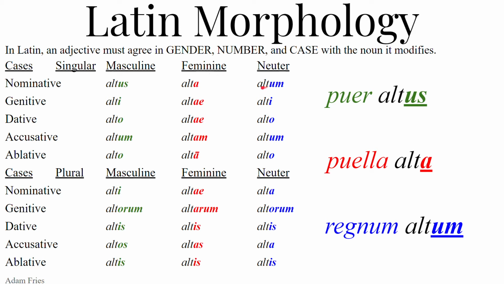And it is probably for that reason that most adjectives in Latin follow the nouns they modify. In English, the adjective typically comes before the noun that it modifies. In Latin, the adjective typically comes after the noun if it's a descriptor, showing a quality.